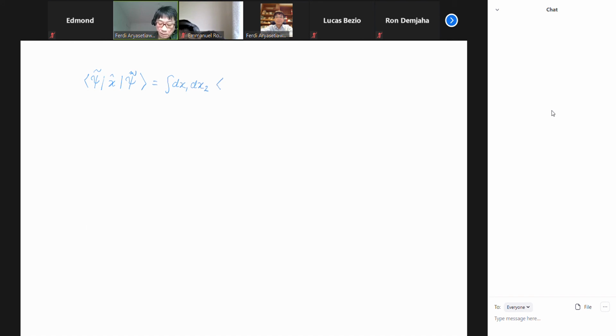We insert a complete set of states. Okay, let me just continue here. So this, of course, just gives me x2. So then the whole thing becomes x2 gamma delta.